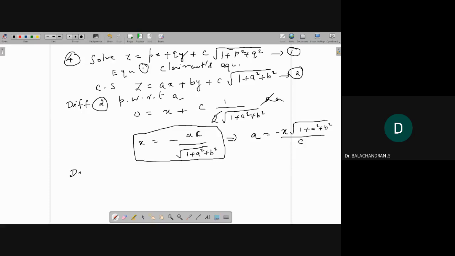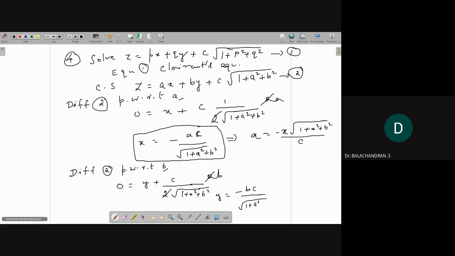Then what will you get? Similarly, 0 equal to y plus c divided by 2 into root of 1 plus a square plus b square into 2b. 2 gets cancelled. y equal to minus bc divided by root of 1 plus a square plus b square.